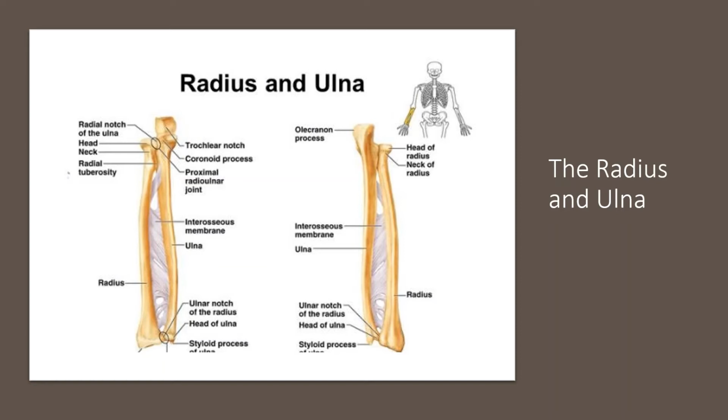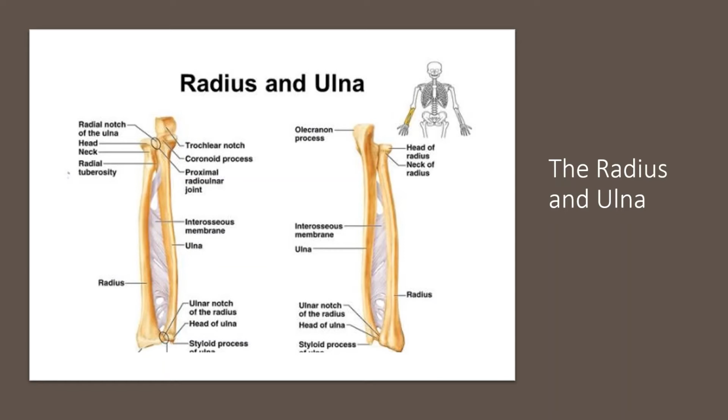We have the radial head, which is really important. It's circular in nature, and that is what helps it ride around the capitulum and over the ulna to perform supination and pronation, like I showed you earlier.